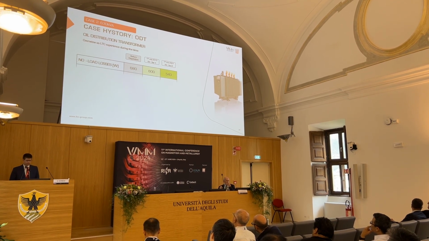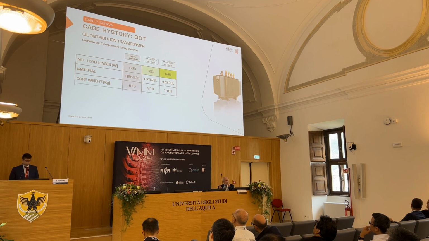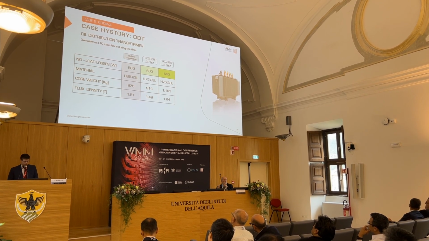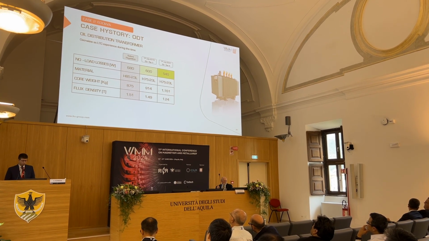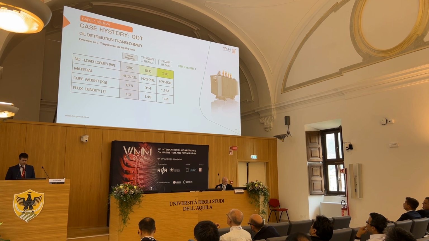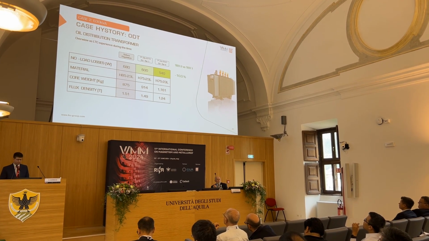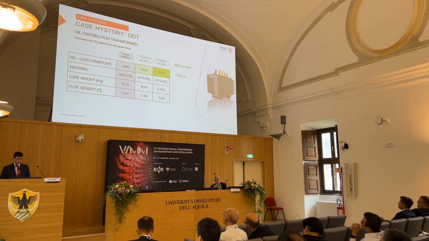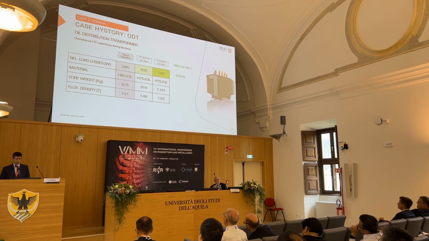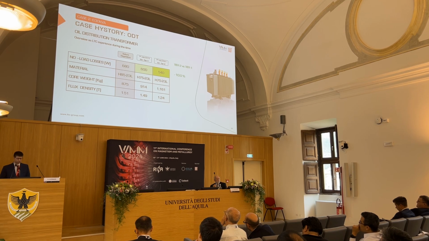Then we can see case number 2. This is 630 kVA. In this case, again, we have a different material application, because before the regulation the material was H85, and in the step of the regulation this changed to 75, so a lower grade with low losses.